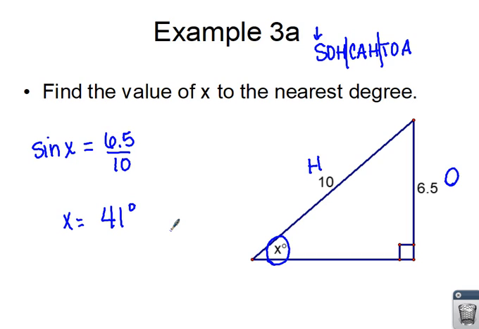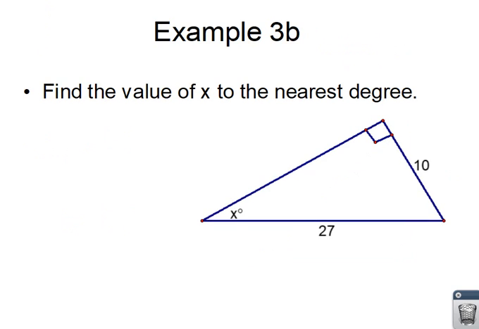All of the math is the same, you just have to figure out whether it's sine or cosine or tangent. Alright, one more. Here's my x. So when you look, the 10 is the opposite. 27 is the hypotenuse.